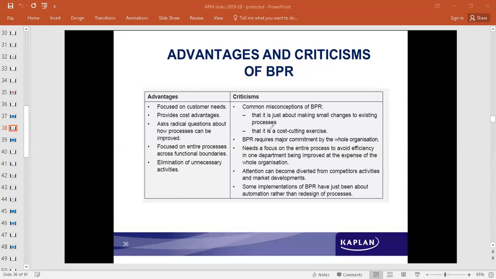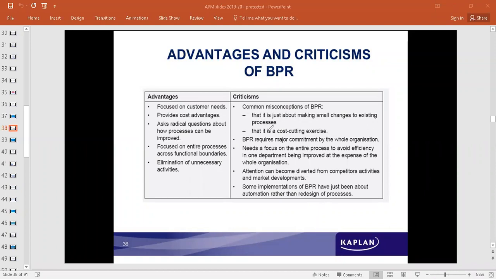So we need a focus on the entire process to avoid efficiency in one department being improved at the expense of the whole organization. See, when BPR is implemented in one department, everybody's focus is shifted to that department, so other departments may suffer. So everybody is now focused on where the BPR is implemented.